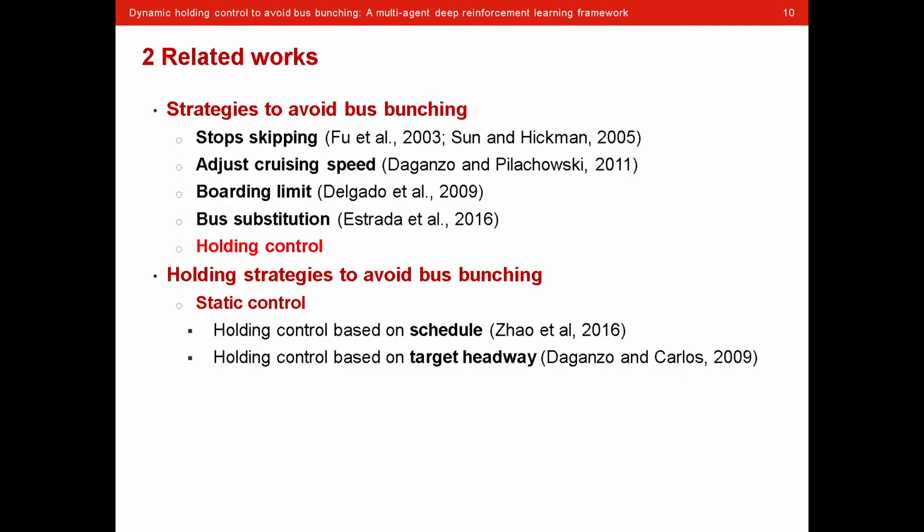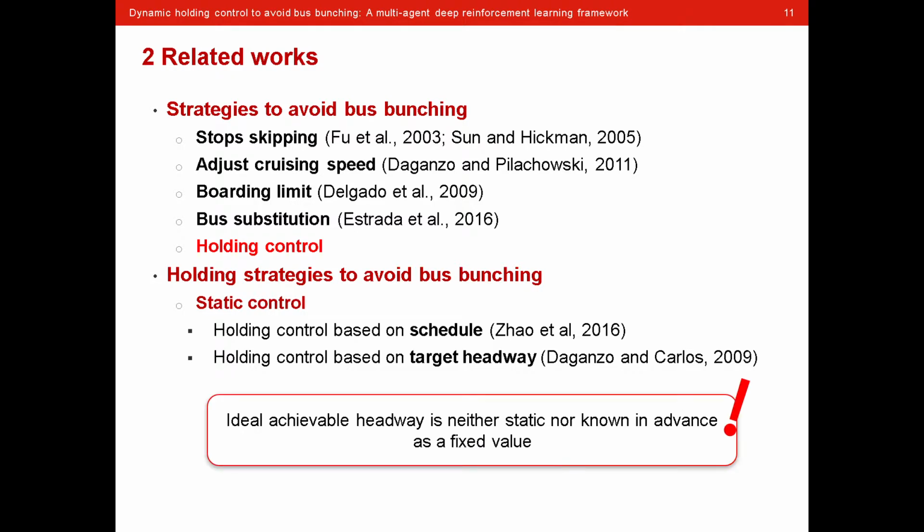It has very obvious disadvantages. The ideal achievable headway is neither static nor known in advance as a fixed value in reality. So if you implement holding control based on a schedule or a target headway, it will hardly fit reality, so the performance will tend to be bad.